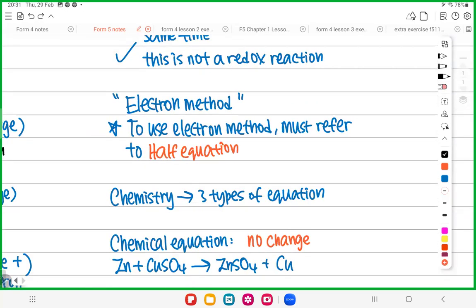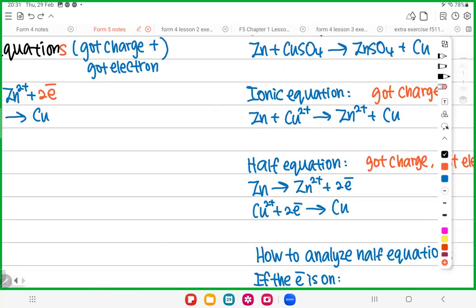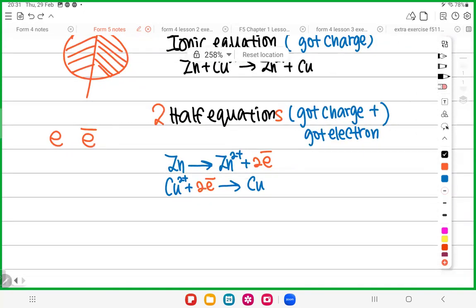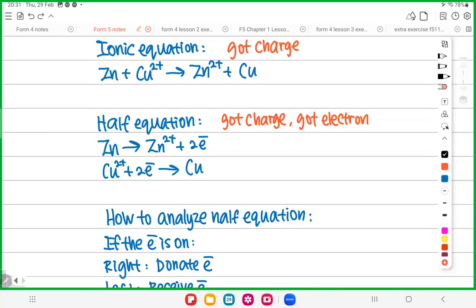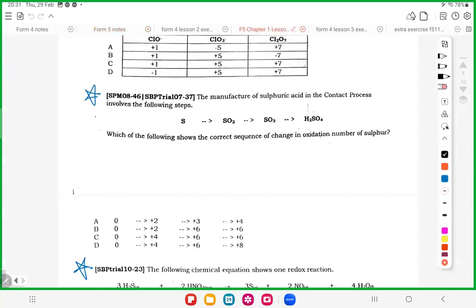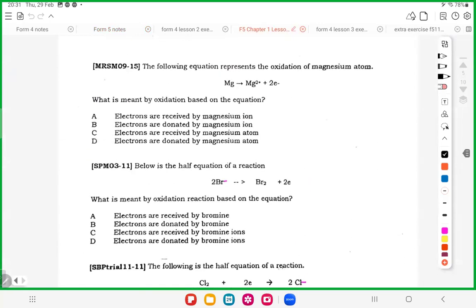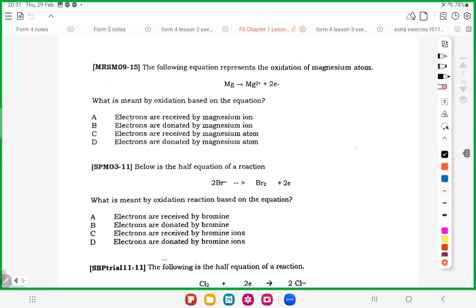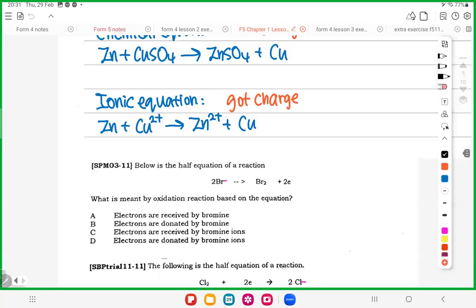Now the next thing I want to teach you is how to analyze the half equation. If you are given a half equation like this, you need to know how to do the analysis.